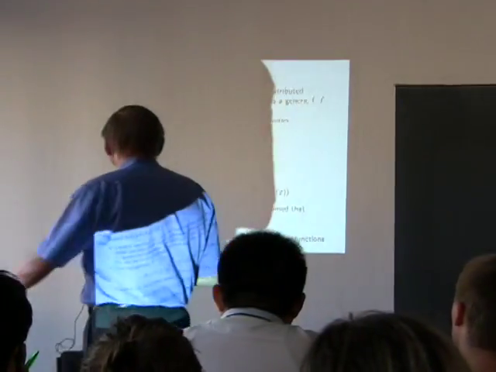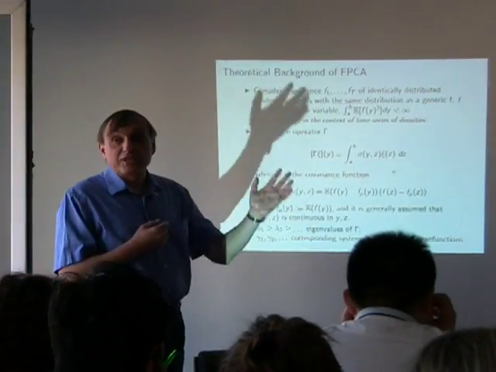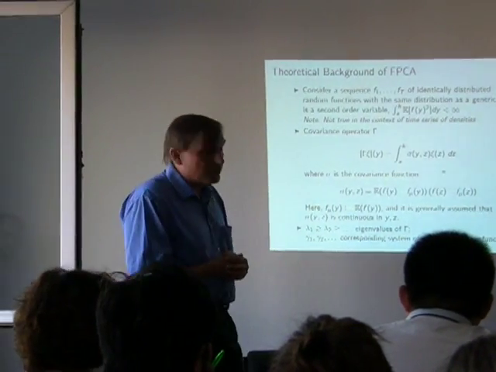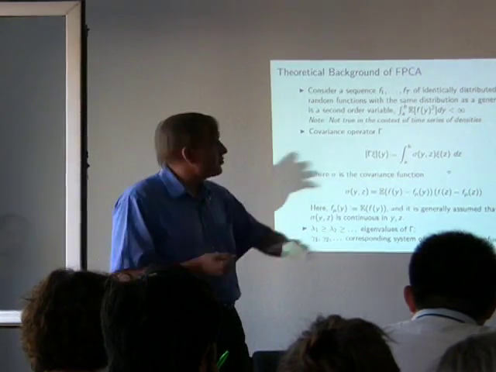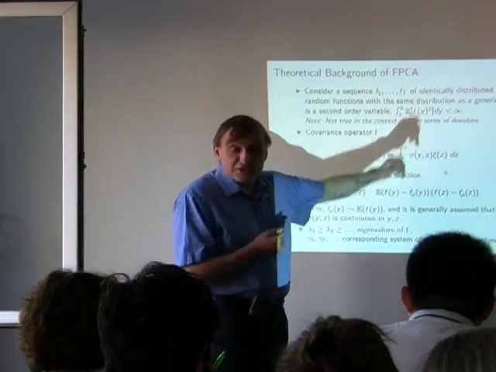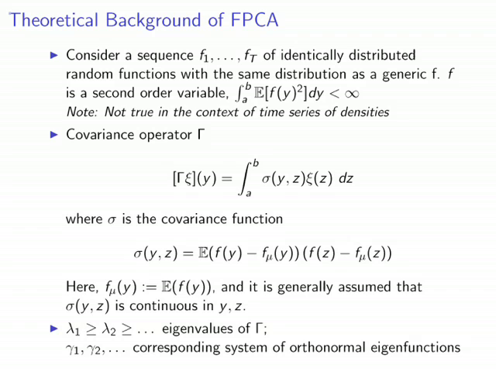So the problem is a little bit of notation, because in everything else you will see in functional data analysis, in all papers that use it, the f's, which are densities in this application here, will be called X, which are just random functions. And the T, the number of functions you have, will usually be n.